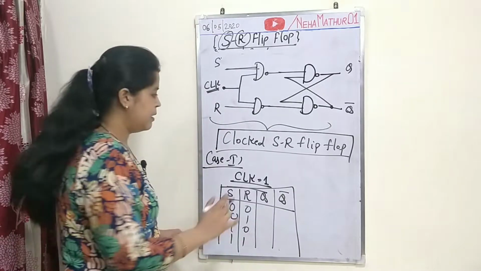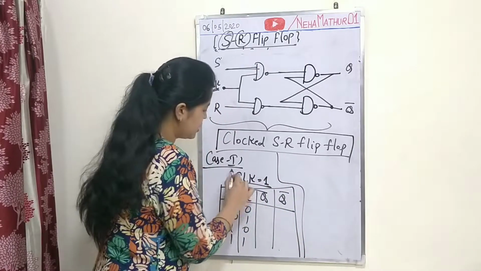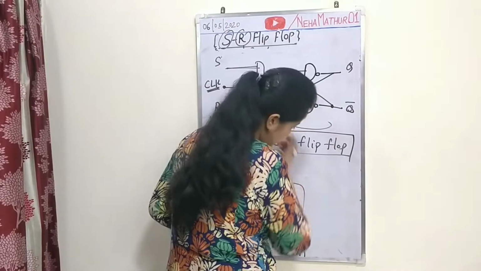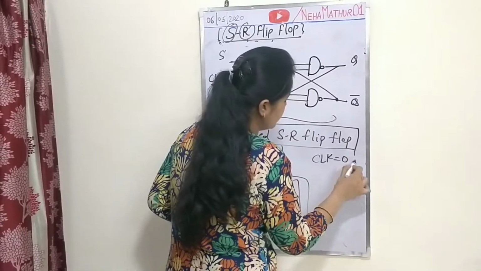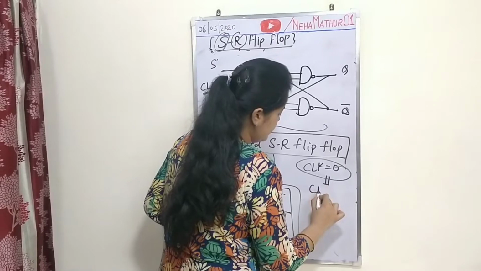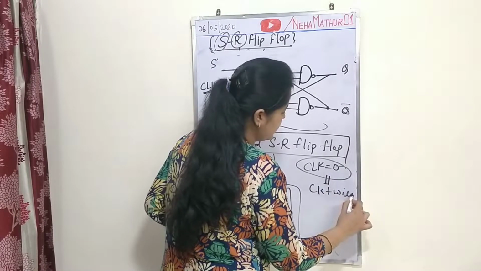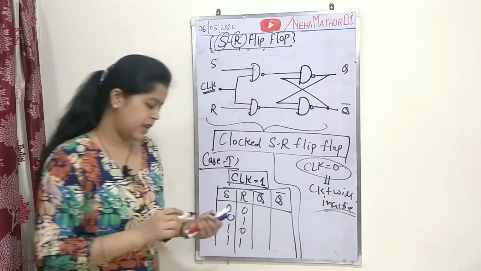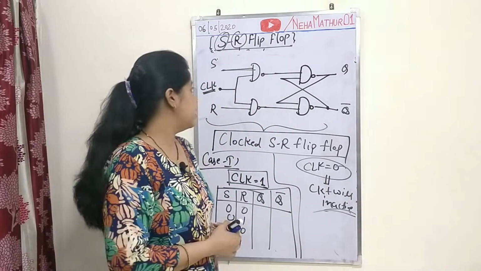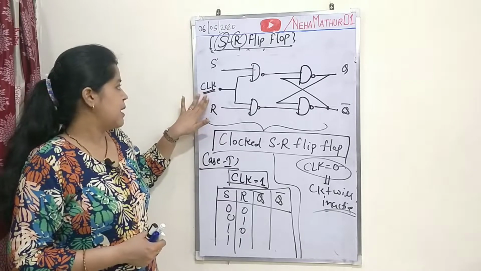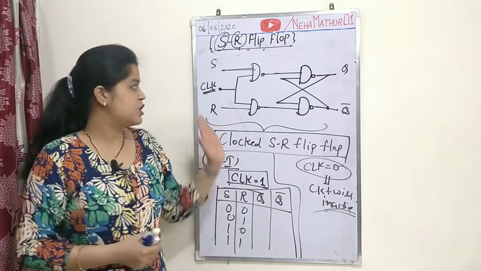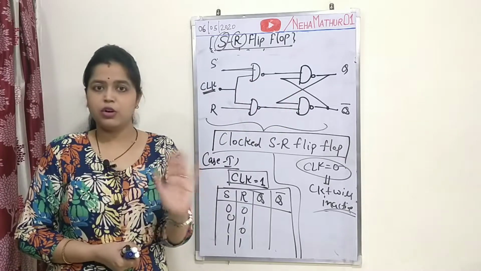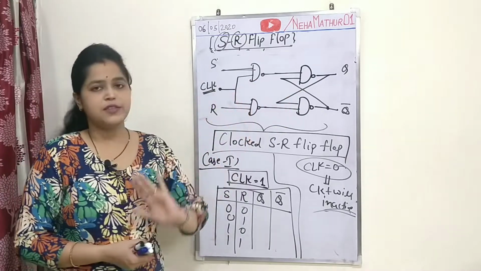All the cases will be implemented when the clock is equal to 1, while when your clock is equal to 0, your circuit will be inactive. Whenever the clock is 0, there is no need to go with this working, because your circuit will not work; it will be in an inactive state.